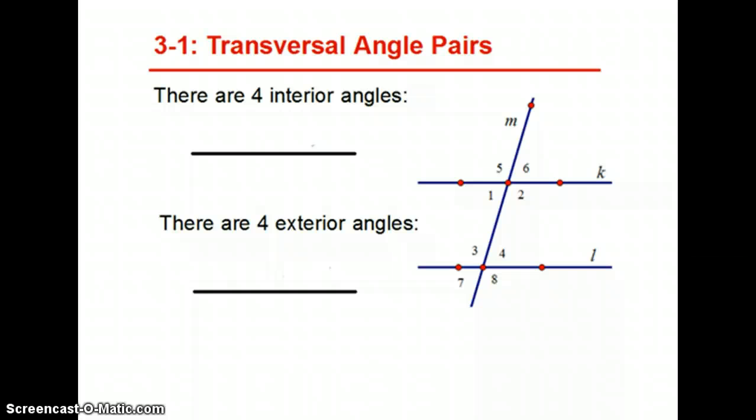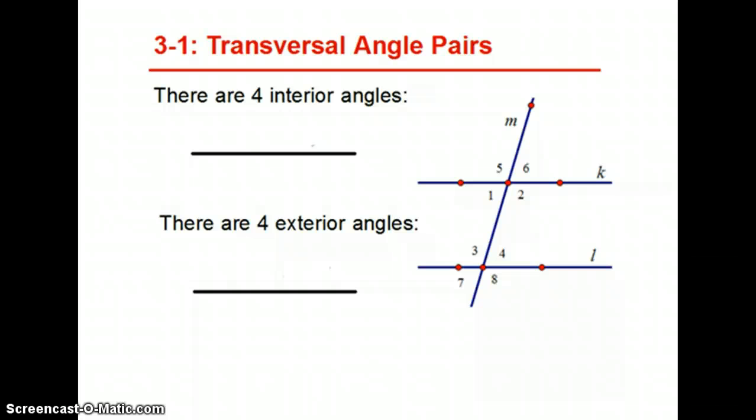When a transversal intersects parallel lines or any two or more lines, you create different angle relationships. In this picture, we have 8 different angles that are created with those 3 lines.